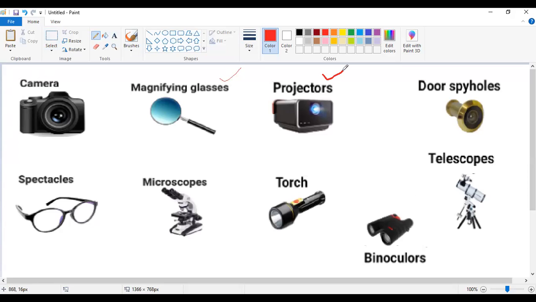So those door spy holes also constitute a lens. Spectacles. In spectacles also, we are using lens. Microscopes, torch, binoculars, telescopes. These are certain areas where lens is used to view an object.